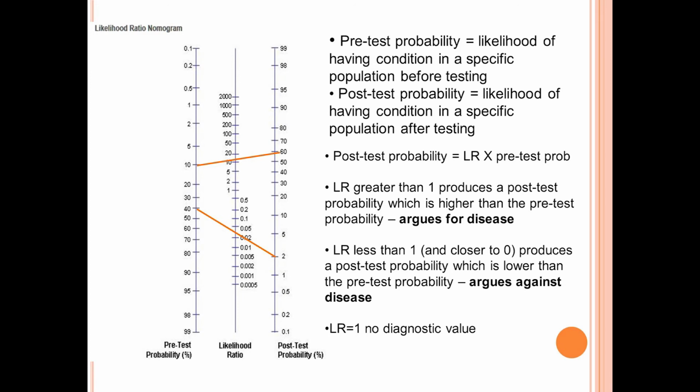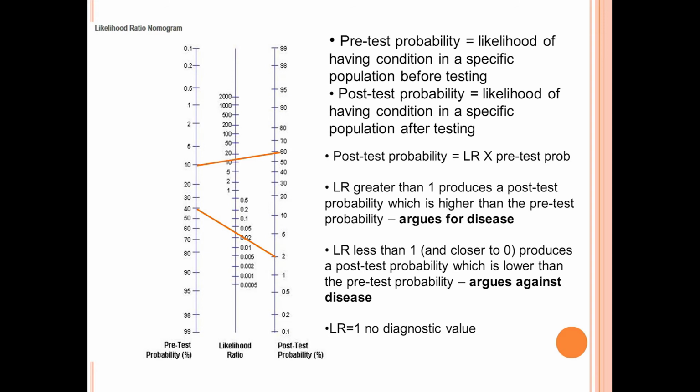So the pretest probability would be the prevalence? No. It's the likelihood of having the condition in a specific population before testing. So how likely is this before you tested? Yeah, I think it is prevalence, given the population, how likely you are.